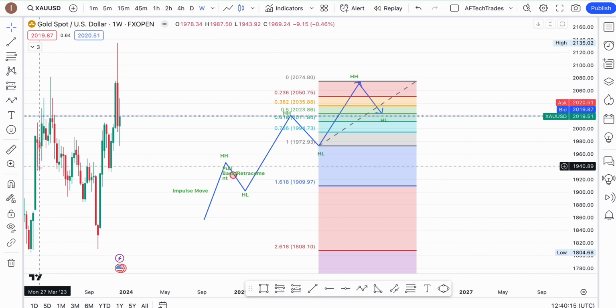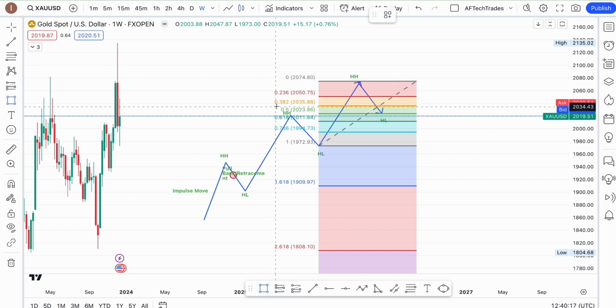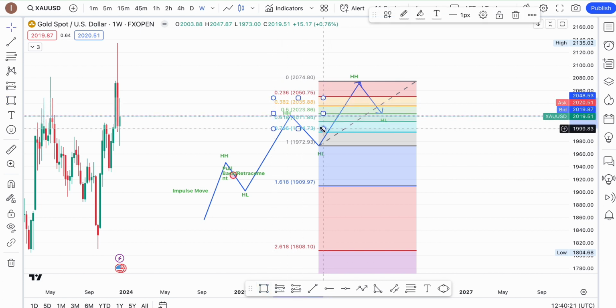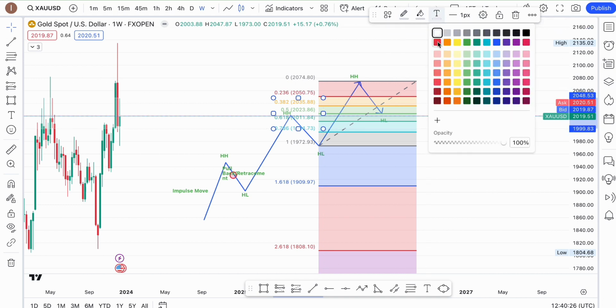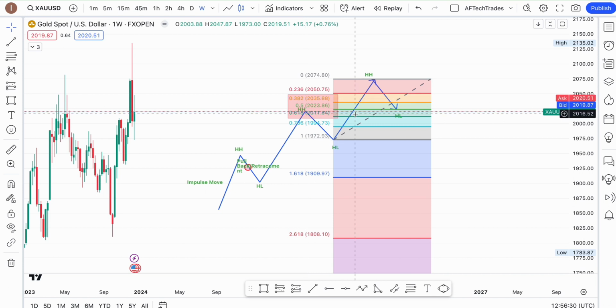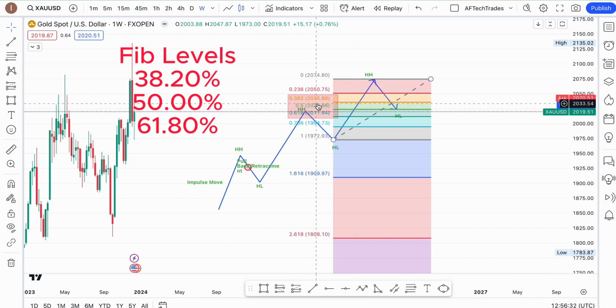Let me mark it out for you. These are your Fibonacci levels. Need to change the color. So these are the levels we mark, right? The 38 level, the 50 level, and the 61.8 level, right?